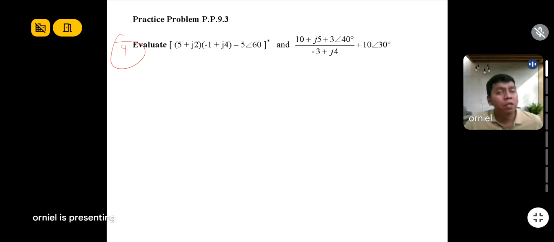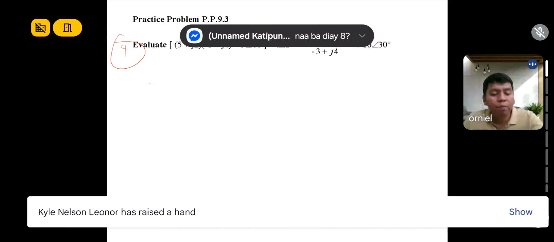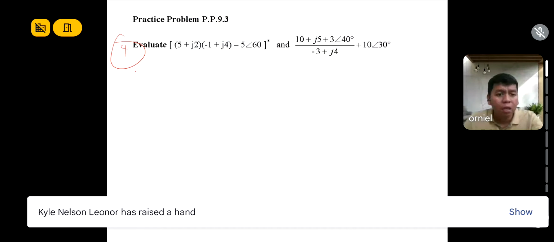So that is the last problem set. And chapter 9, dili na ninyo apilan og problem set. That's why I'm going to bombard you with assignments. At least you do the practice. This is your assignment number 4, item number 4 in your assignment number 3.